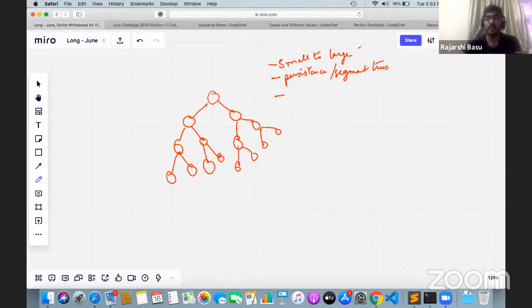Again, links to small to large are given in my editorial. Even for persistent segment trees, there are multiple links given in the editorial. I will also assume you know about Euler tours, just like the DFS start time, end time, Euler tour of a tree.